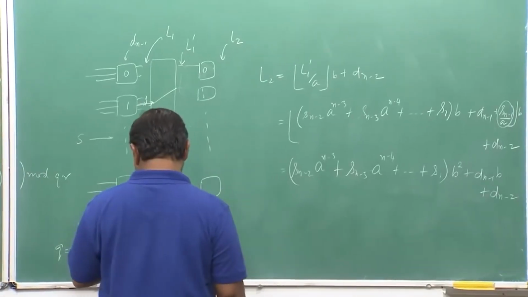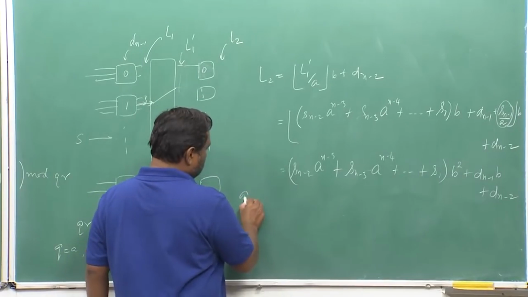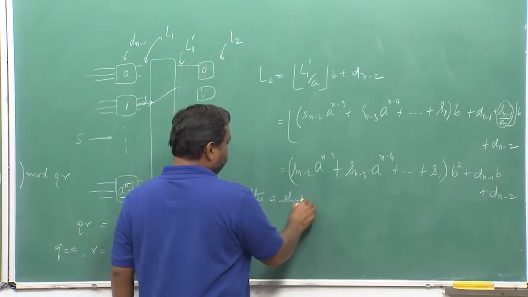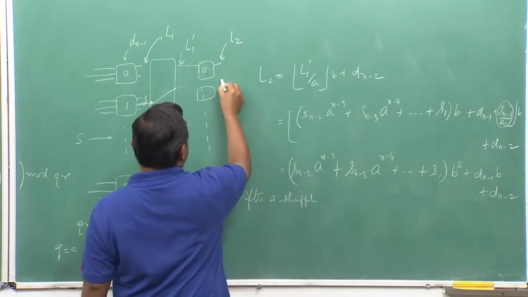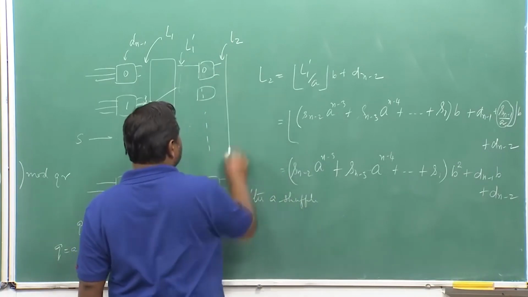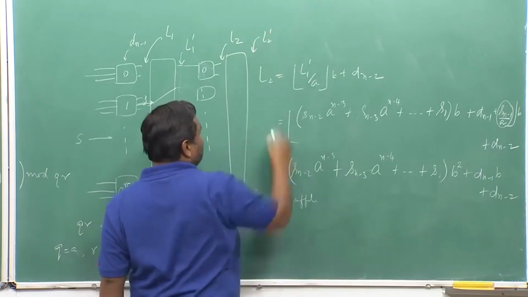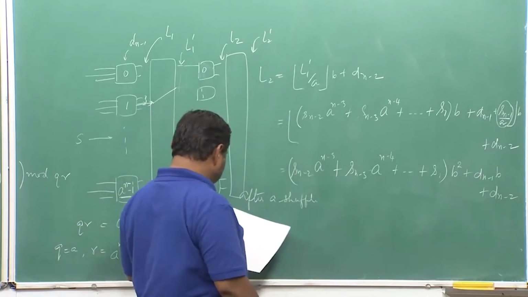After a shuffling, at the output here you will have another shuffle, you will get L2 prime here.